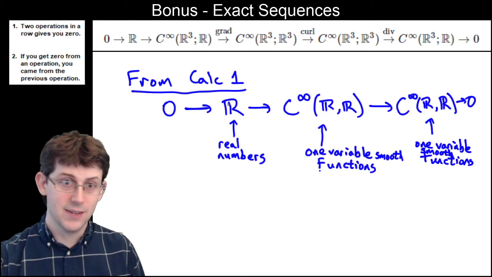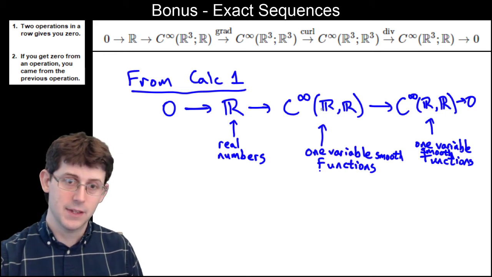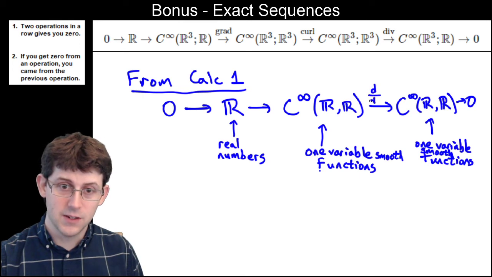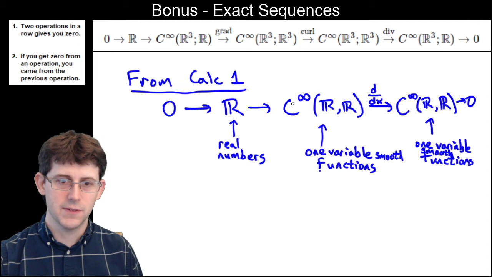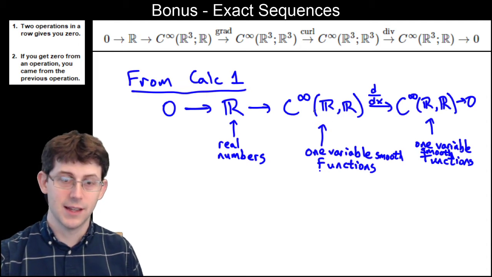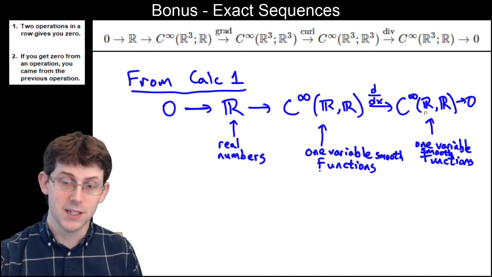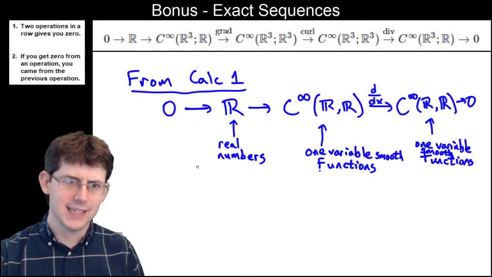And then you could take any real number and make a function that's just y equals that real number. The last arrow that I have to tell you about is the derivative of the function. So if you take a one variable function, like y equals x squared, you can take the derivative and land on a new function, like y equals 2x. Okay, why is this an exact sequence?